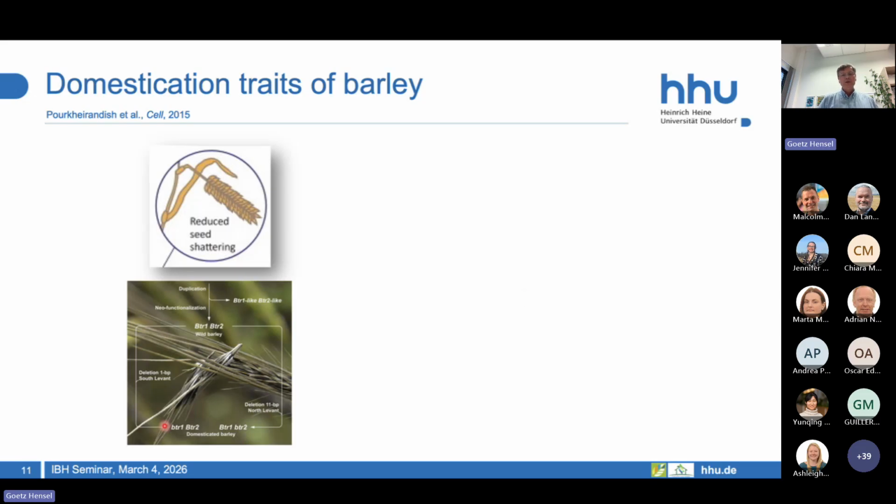Here you can see on this illustration that these natural mutations occur twice. So we have in the southern Levant a deletion of one base pair, which leads to a non-functional BTR1, while in the northern Levant we have a deletion of 11 base pairs, which leads to the inactivation of BTR2, which means if one of the two genes is inactive, the grains stay in the spike.